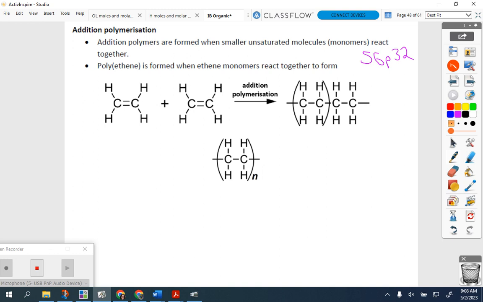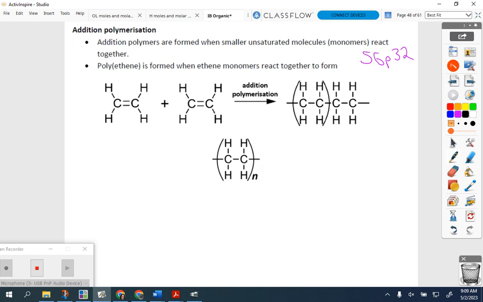So polymers are just poly, meaning many, mers. So a monomer is one unit of a polymer. Okay, a polymer is multiple units of a substance, and polymerization often happens when we have addition reactions between alkenes. So polyethylene is going to be multiple ethene molecules.